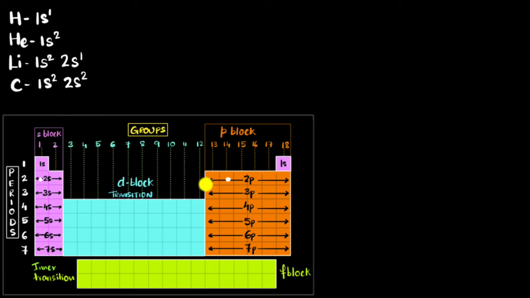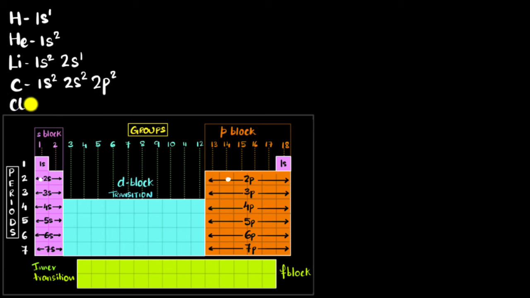And then we get to 2p, and notice in the p block carbon is 1, 2 squares to the right, so it'll be 2p2. That's the last one, and we are done. And again, we can check 2 plus 2 plus 2 is 6. Carbon has 6 electrons in them.